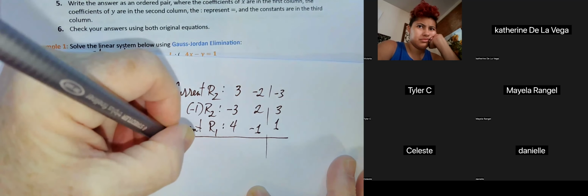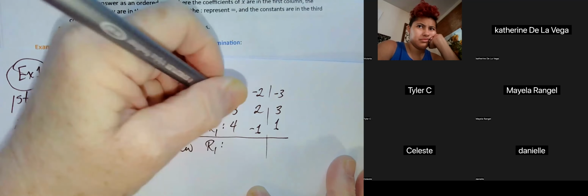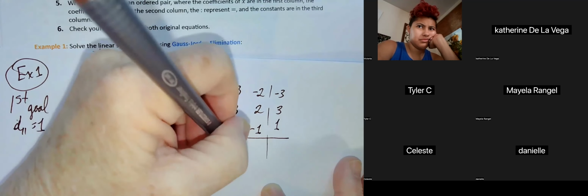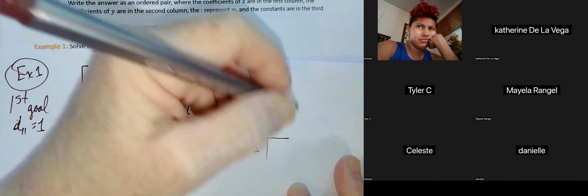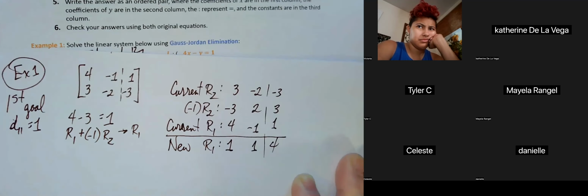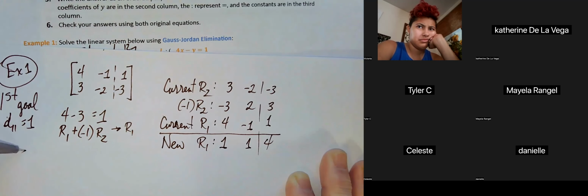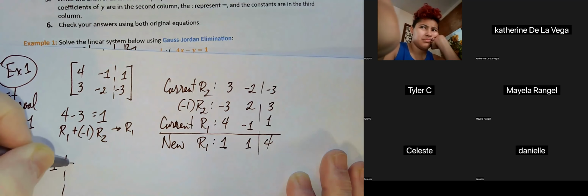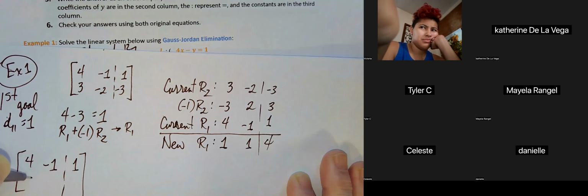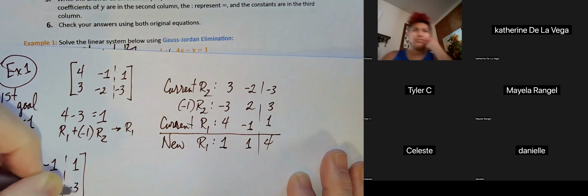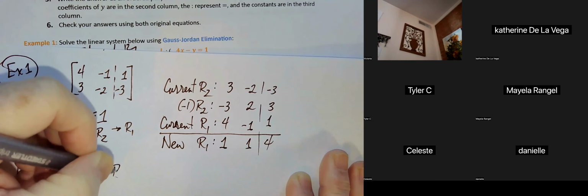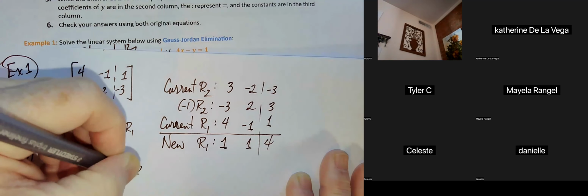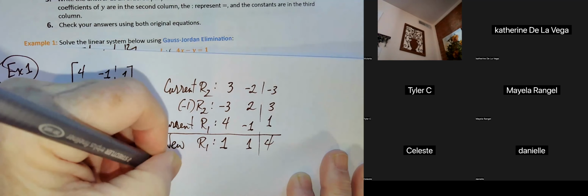The new one: -3 plus 4 is 1, and 2 minus 1 is 1. So we started with 4, -1, -2, -3, and using the command -1 times row 2 plus row 1 gives us a new row 1.